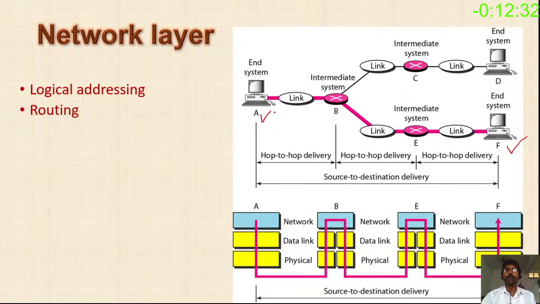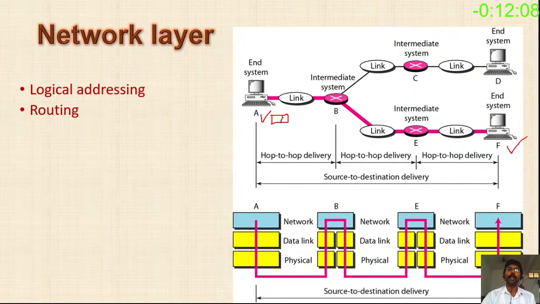Now, if the message has to be transferred from A to F, the data link layer creates one data frame. Now this data frame contains the address of B. That is, the data link layer can only transfer the data to its adjacent node.